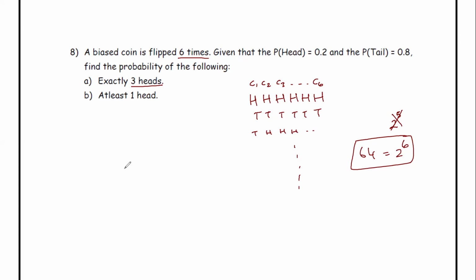Find the probability that it's exactly 3 heads. So for 3 heads, you will have this combination, 3 H's and 3 T's.